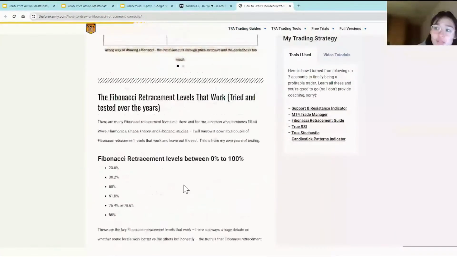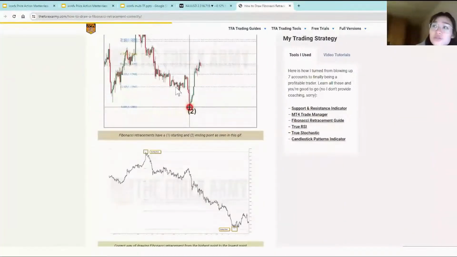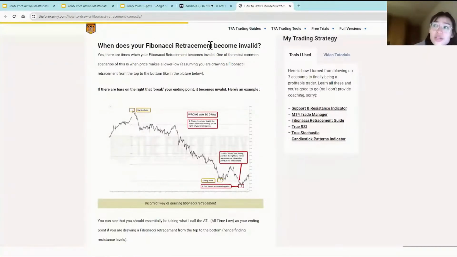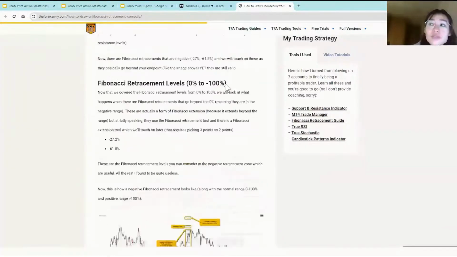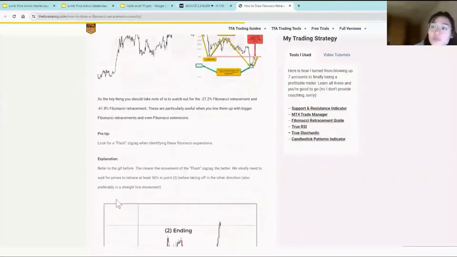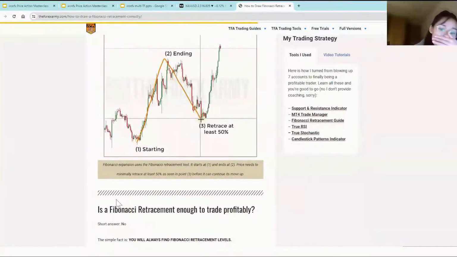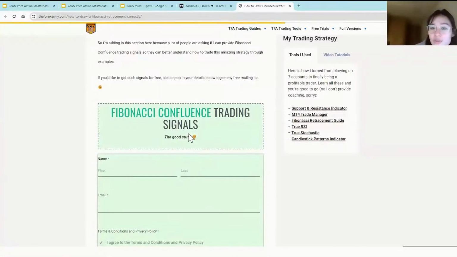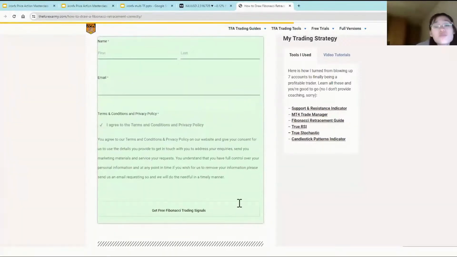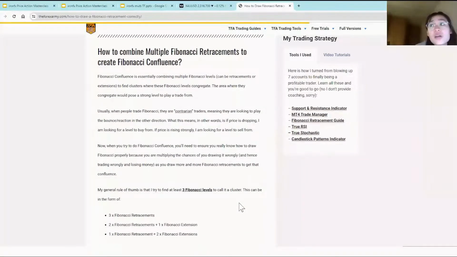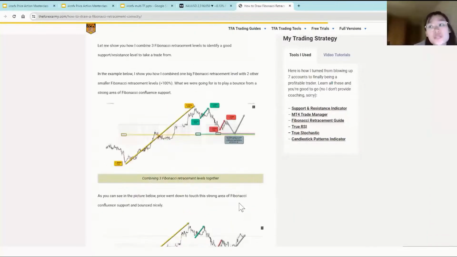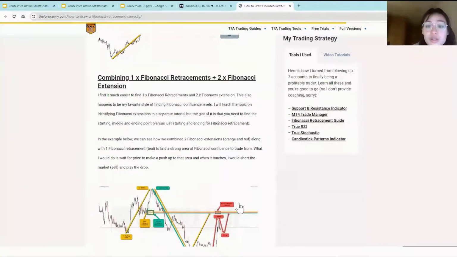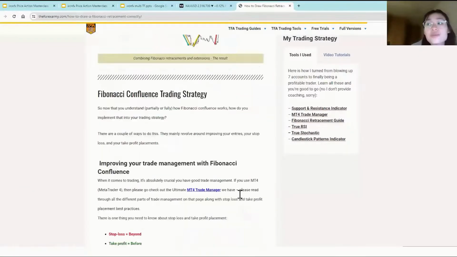What are the different levels that we use, how to use them, how to draw them so that they're valid, how to avoid invalid levels, negative levels as well. Because we use 4 different techniques when it comes to Fibonacci. So stay tuned for our Fibonacci webinar series. It's a 4-part series, and we go really in depth into each of the Fibonacci techniques as well as different examples. But in the meantime, you can take a look at this as well, in case you were curious, since I did mention them a couple of times in today's webinar.